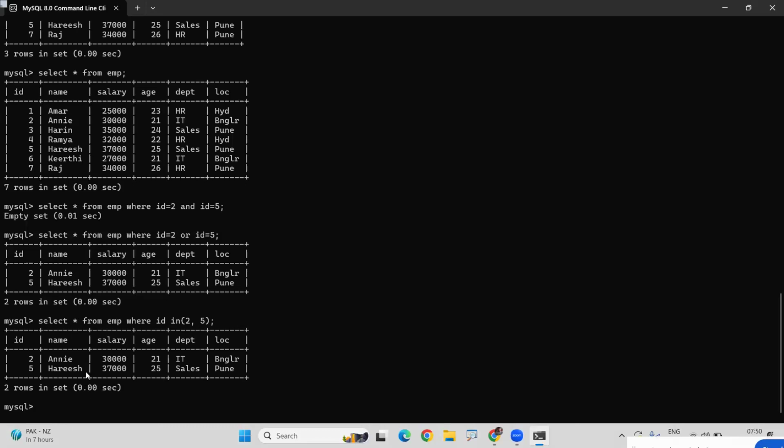ID in 2 comma 5. Just observe the difference. Wherever we are using the relational operator with that logical operator OR, you can simply replace it with the IN operator: in 2 comma 5. Got it?